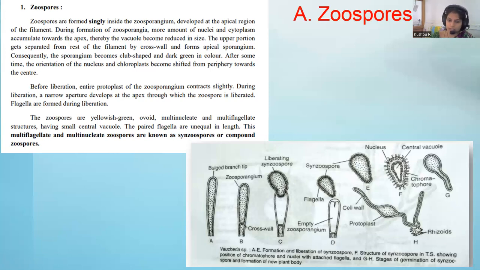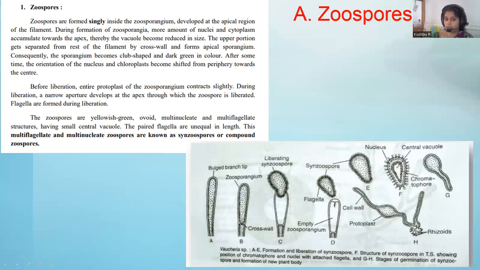Multinucleated and multiflagellated. Once the synzoospore matures, it gets liberated from the parent thalli, falls on a suitable substratum, undergoes the required metabolic or morphological changes, and becomes a new individual.